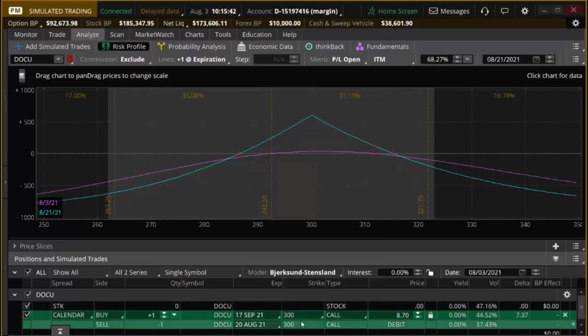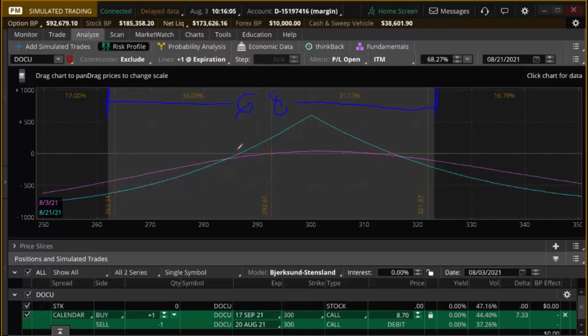But over the next 17 days through August expiration, it says, look, here's your one standard deviation. Here's your probability range. There is a 68% chance that we are going to be somewhere between here on the upside and here on the downside.